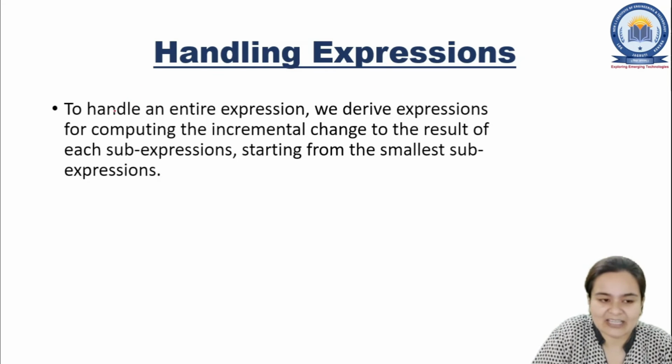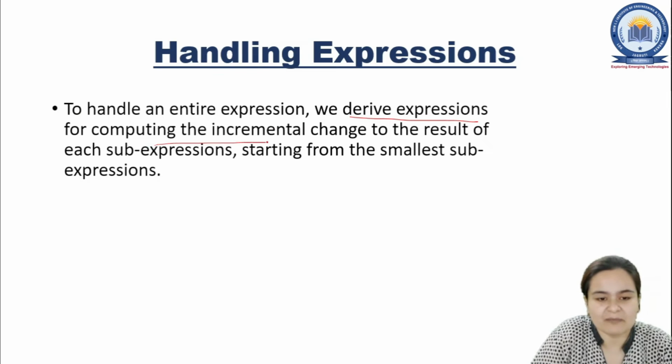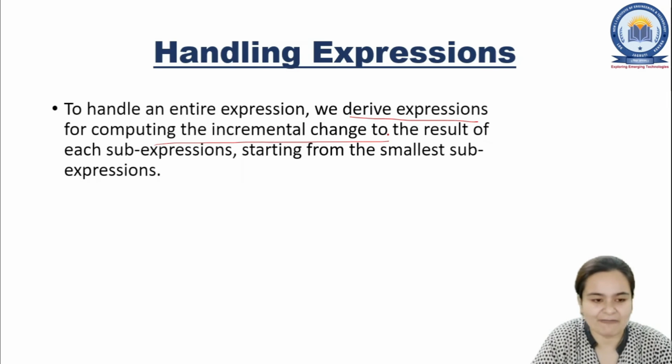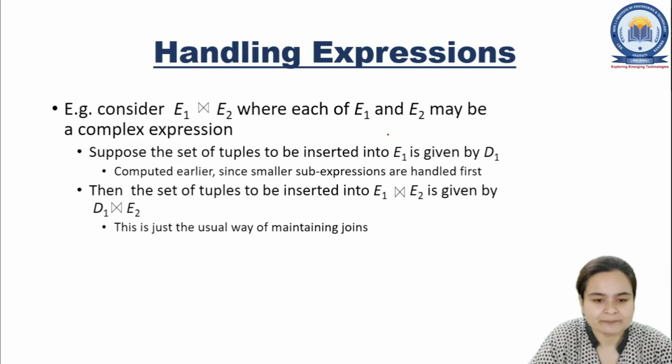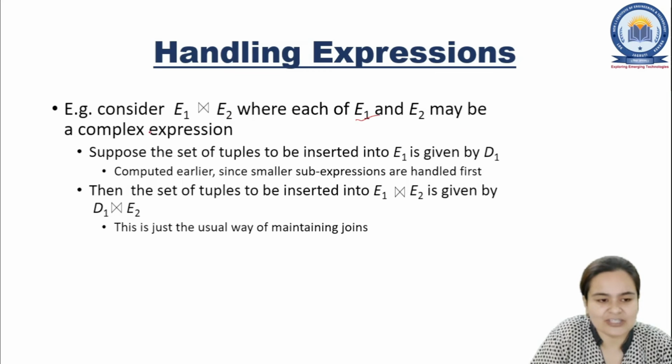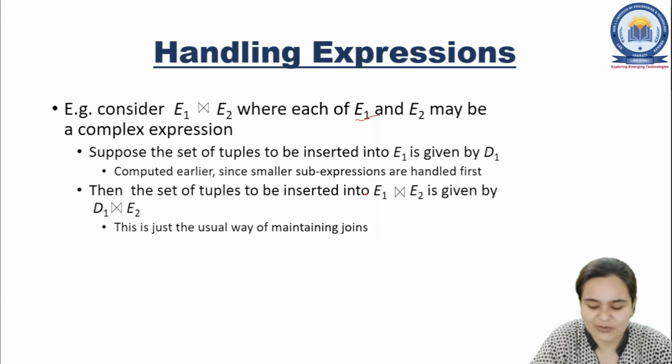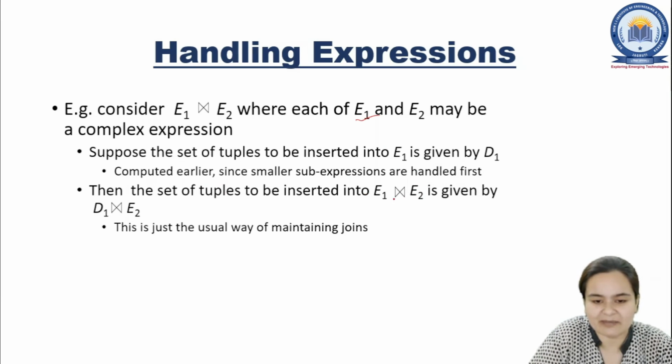Coming to the handling of expressions, we have derived expressions for computing the incremental change in terms of smaller sub-expressions. Consider E1 and E2, where each of E1 and E2 may be a complex expression. We can divide them into smaller parts, and then we can maintain the join by computing D1 join E2.